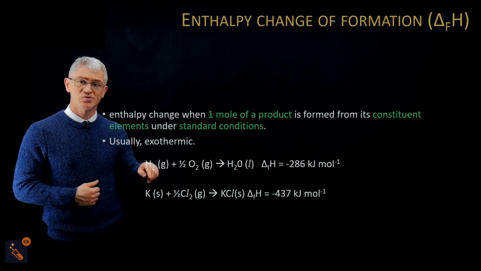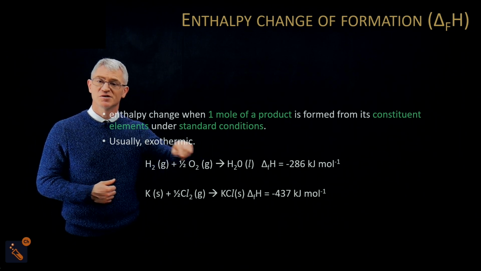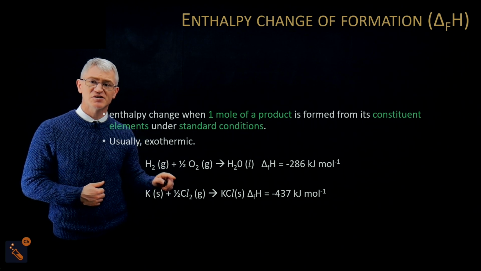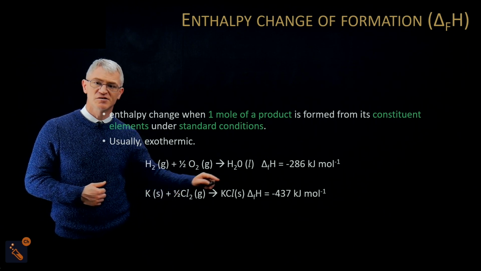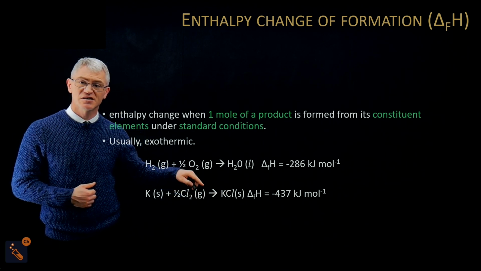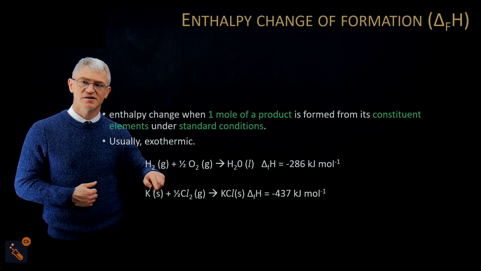Now, another example would be with an ionic lattice this time. So I did this just to make you familiar with what you've done before, but now let's look at an ionic lattice, and we're starting to get used to putting these halves in as well. 1 mole of an ionic lattice. Notice the state symbols here. Can you see that?